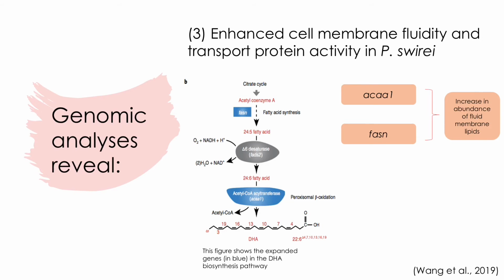This gene encodes the acetyl-CoA acetyltransferase protein in the biosynthesis of DHA, which works to alter basic properties of membranes such as fluidity, elastic compressibility, and protein activity at high pressures. They also found increased copies of another gene called FASN, and together these changes may increase the abundance of fluid membrane lipids, which enables survival in the world's deepest ocean trench.